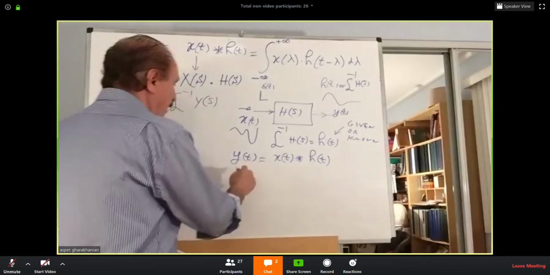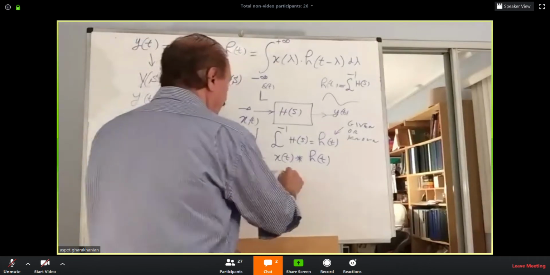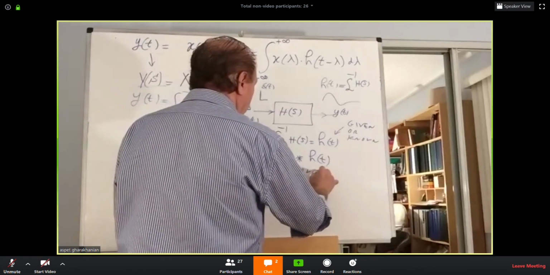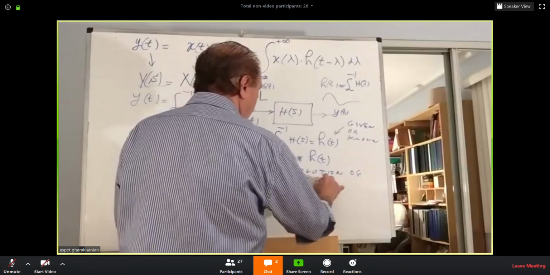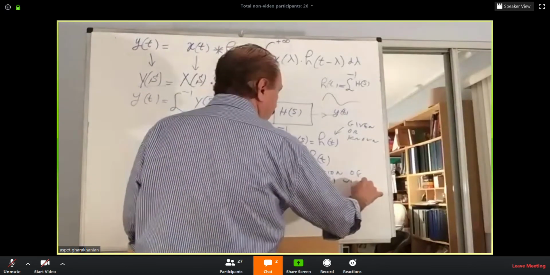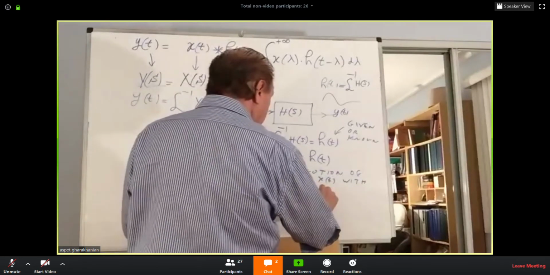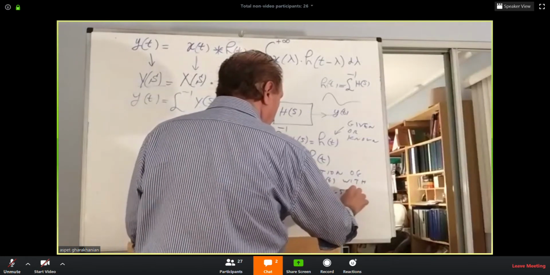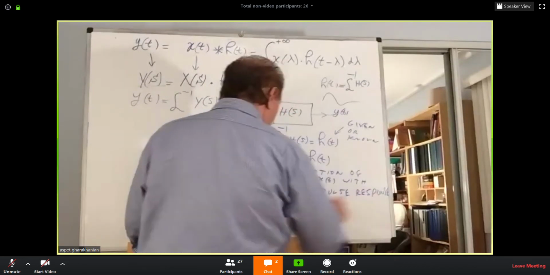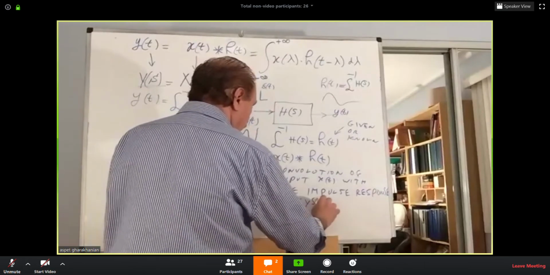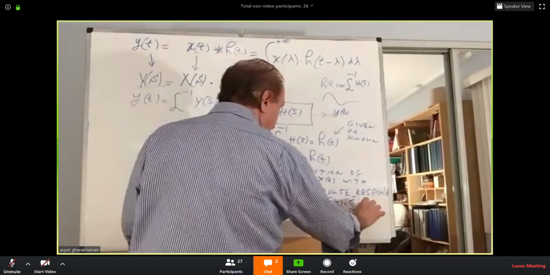So system output is equal to convolution of input x of t with the impulse response of system, which is h of t equal to inverse of h of s.